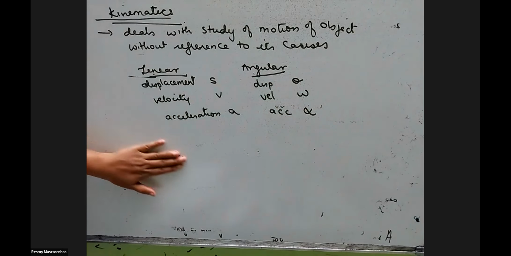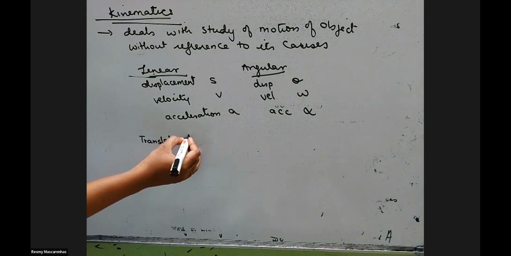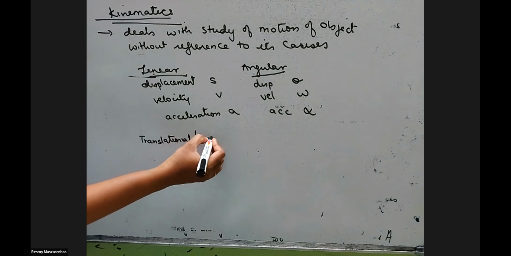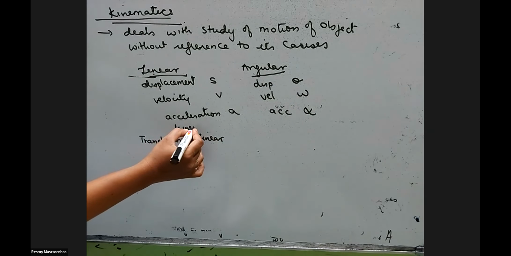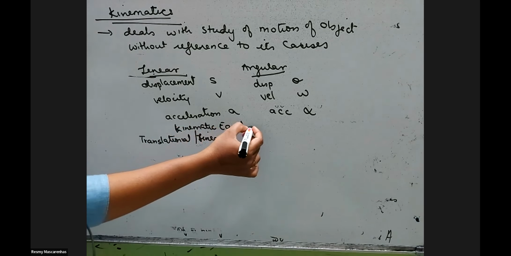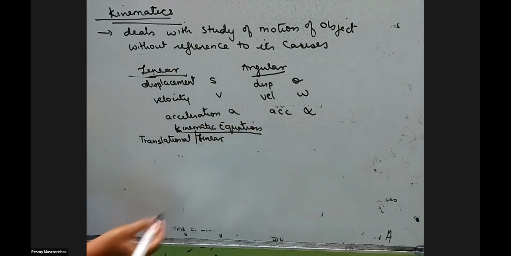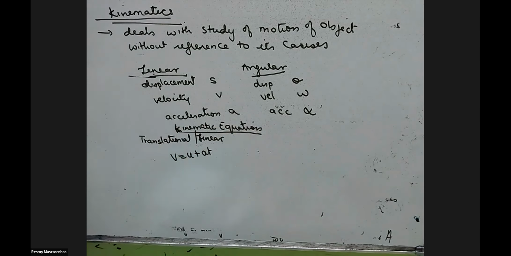And we had three kinematic equations here. This is for translational or linear motion. Which were the three kinematic equations? The first one was always V equals U plus AT.